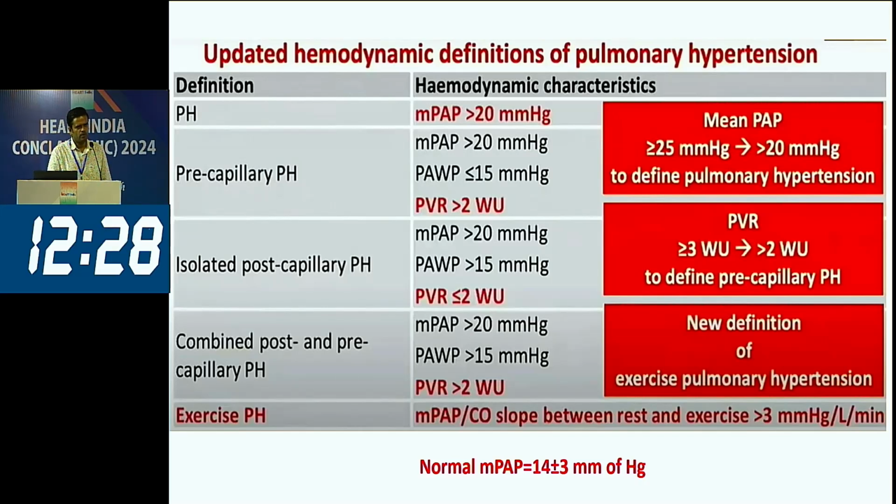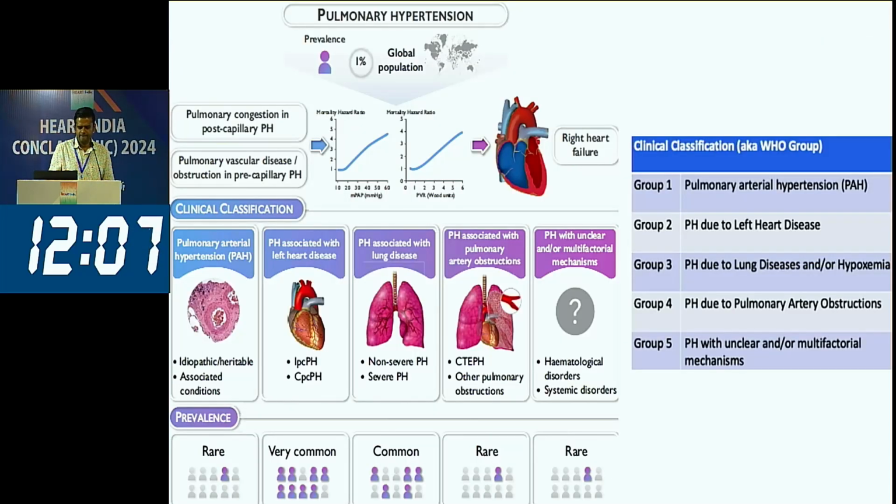Because the normal mean pulmonary pressure is usually 14 millimeters of mercury plus or minus 3. So if we take 2 standard deviations, it comes to around 20. Beyond that, there is increase in mortality and morbidity, and there is delayed diagnosis. That's why the cutoff has been brought down, so that there is early diagnosis and we can prevent the mortality and morbidity arising due to this.